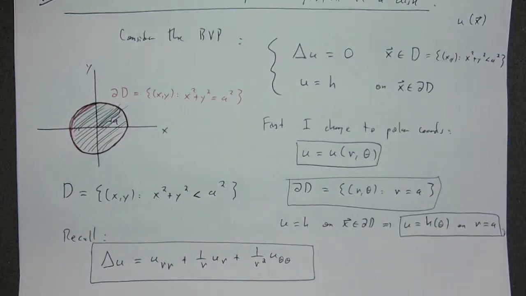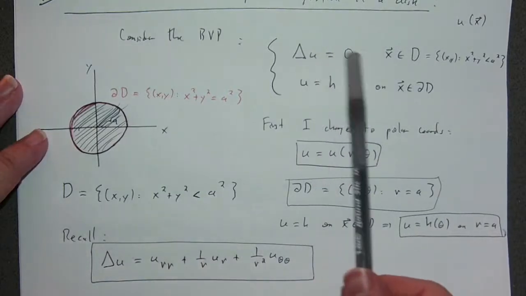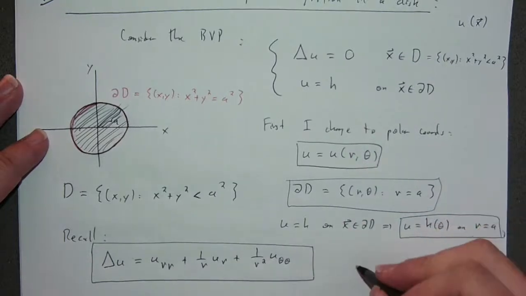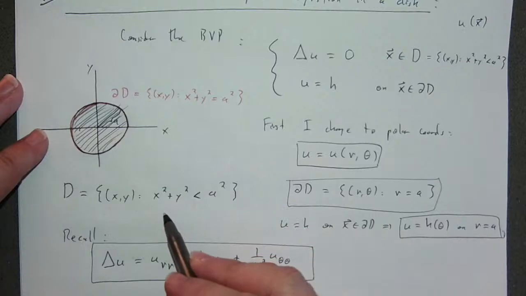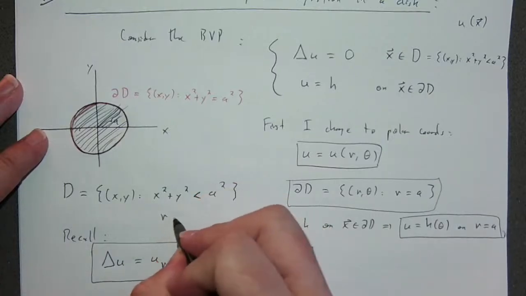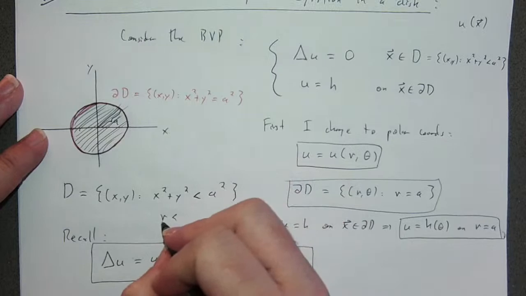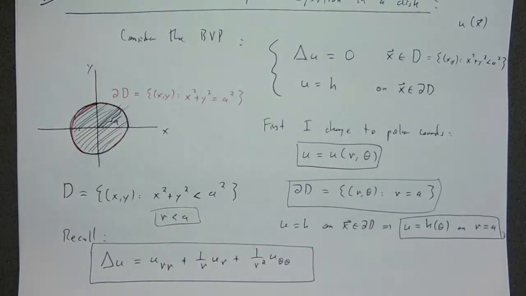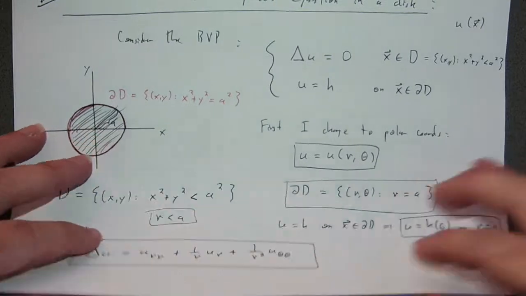That is the Laplacian in terms of polar coordinates. Okay. And so we have an equation: Laplacian of u is 0 on D. D, in polar coordinates, if we say that r is always positive, is just saying that r is less than a.